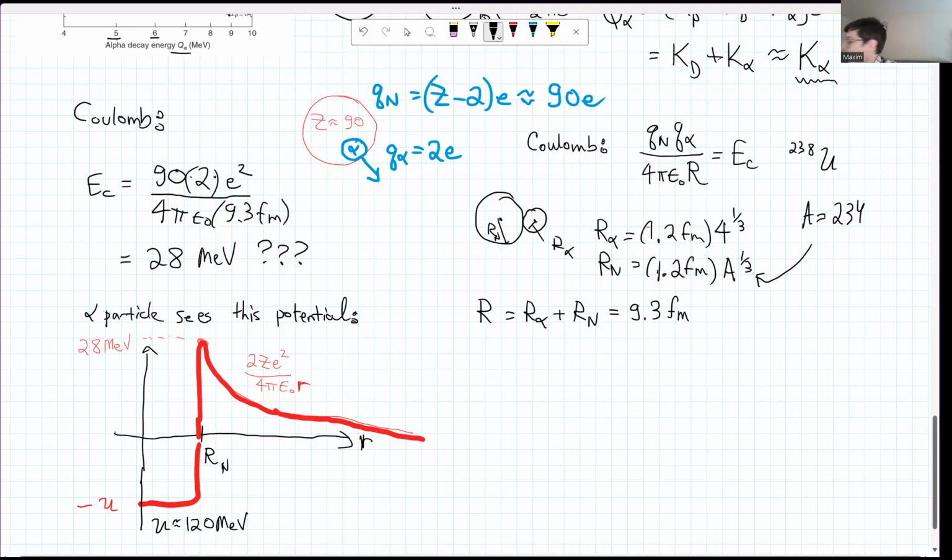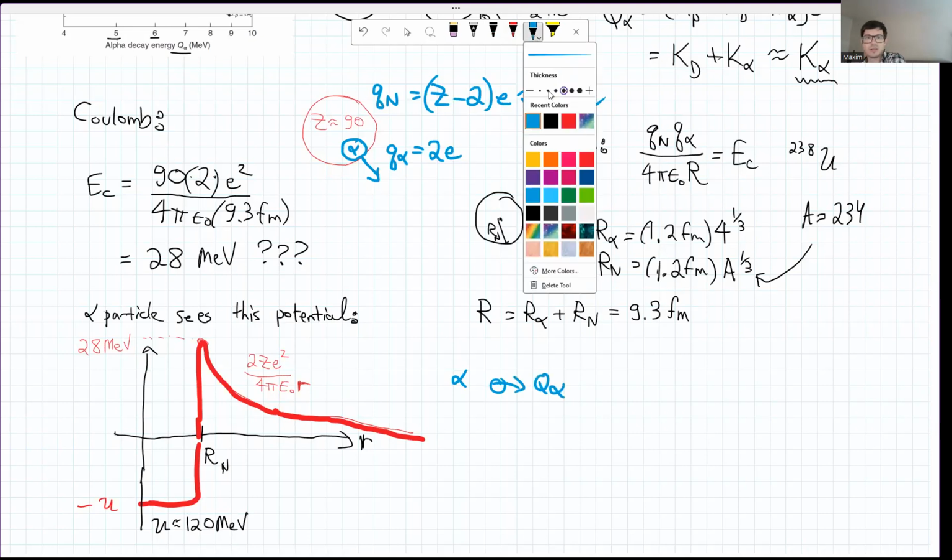So what happens? We know that the alpha particle comes out with Q alpha kinetic energy. That's what its energy is far away from the nucleus. We see it zooming out away from the nucleus with energy Q alpha.